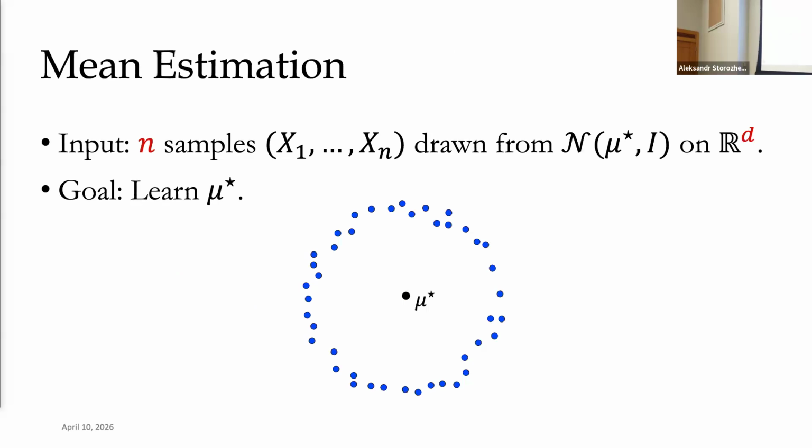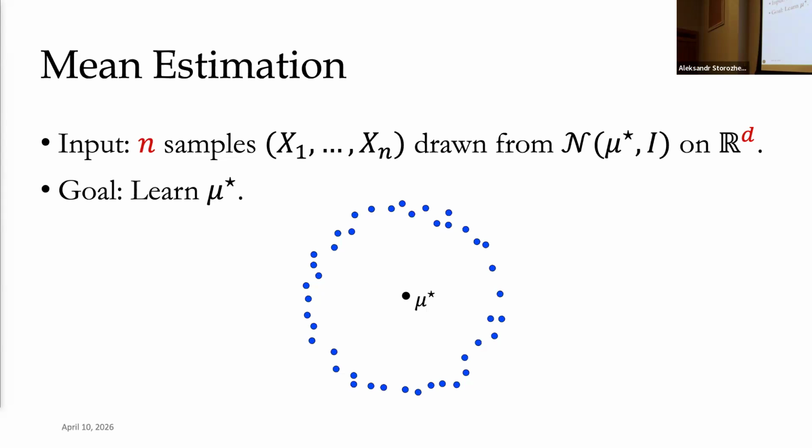Let's look at perhaps the simplest statistics 101 question in high dimension that we can think of, which is: I want to estimate the mean of a d-dimensional spherical Gaussian from samples. I have this mu star, which is the only unknown parameter here, and nature draws me n samples from it and gives me these blue points.